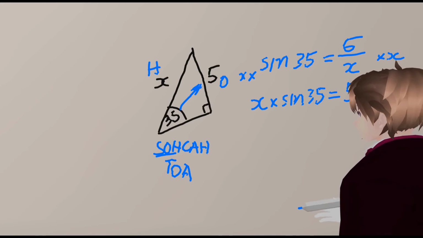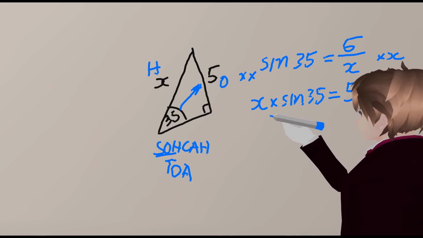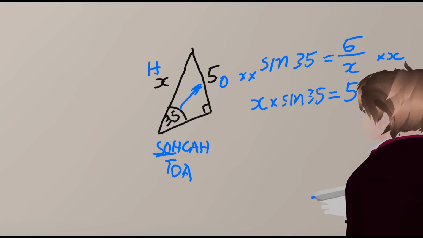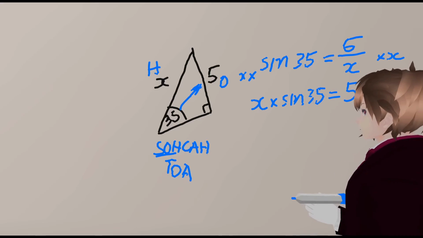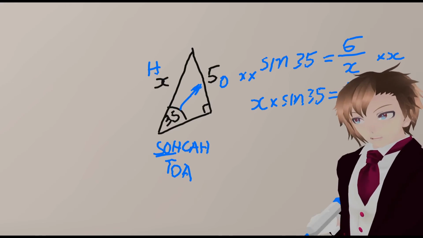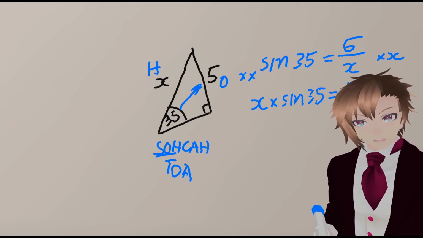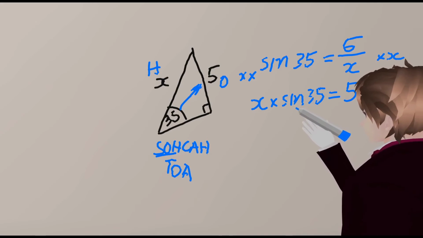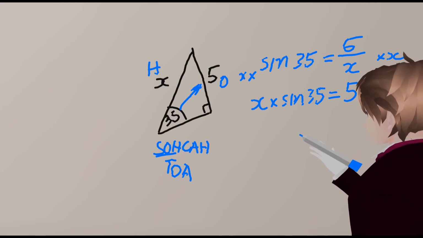Now, this doesn't really help us solve, but it actually gets us closer. Here I have x times sine 35. We want this x to be by itself. We can get rid of this sine 35 by doing the opposite of timesing by sine 35. The opposite of timesing by sine 35 is dividing by sine 35.